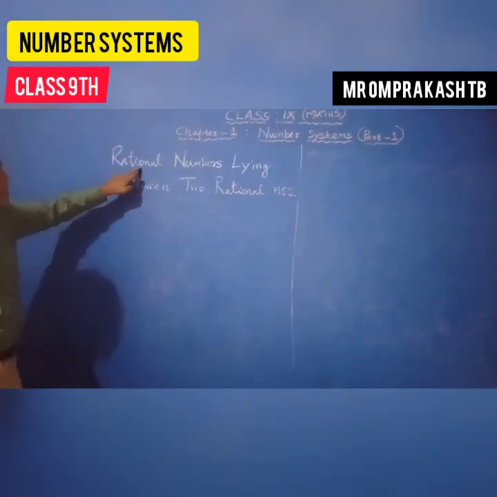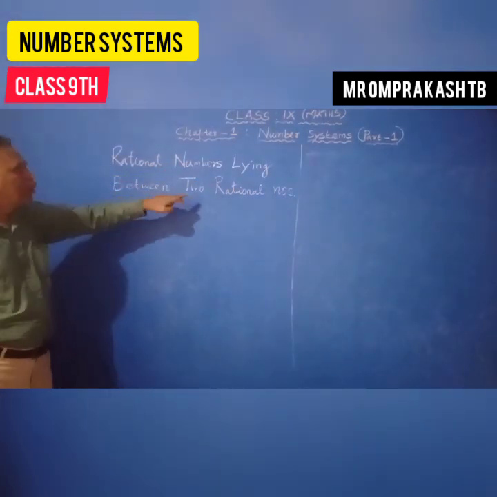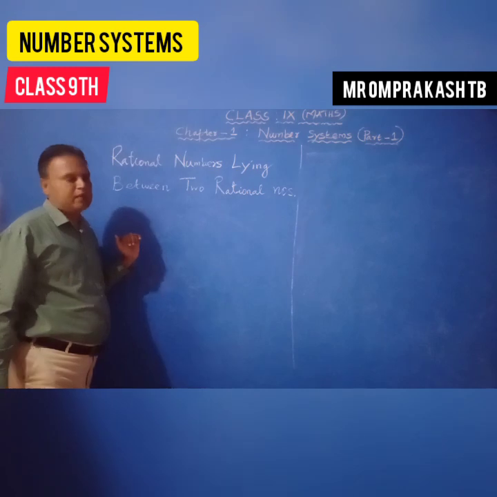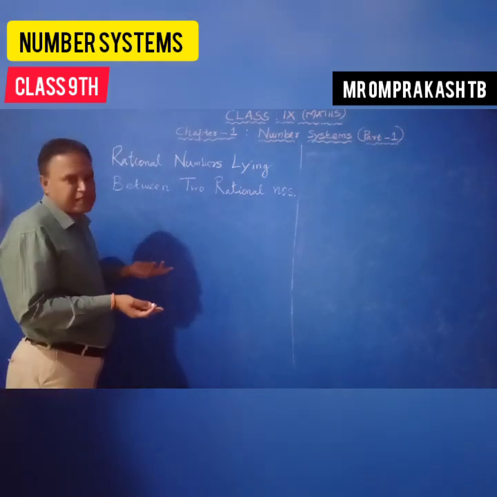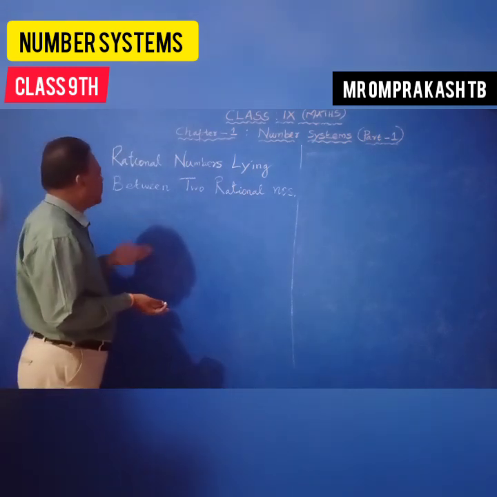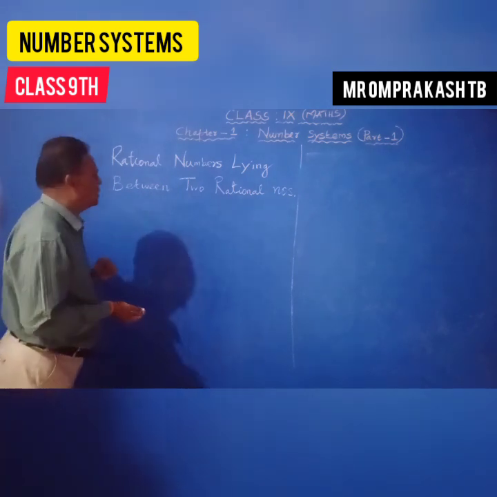Next we will see more rational numbers lying between two rational numbers. How to see? Clear?